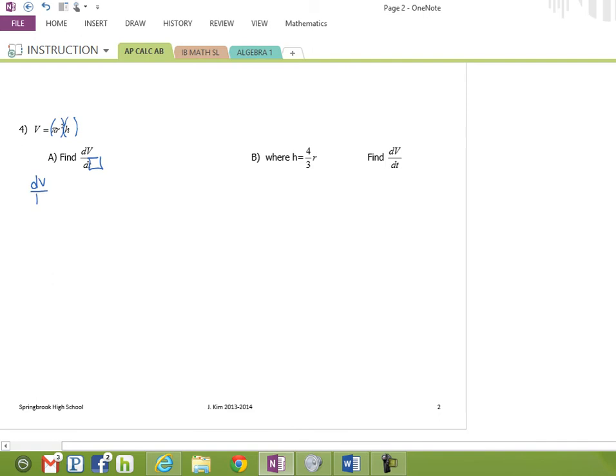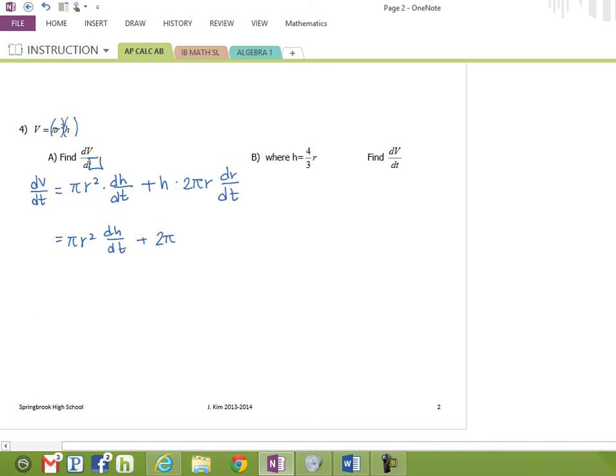So dV/dt is equal to, leave the first one alone, multiply by the derivative of the second with respect to t, plus leave the second one alone times the derivative of the first with respect to t. So I want to find dV/dt. I will clean it up a little bit just so it looks a little bit nicer.